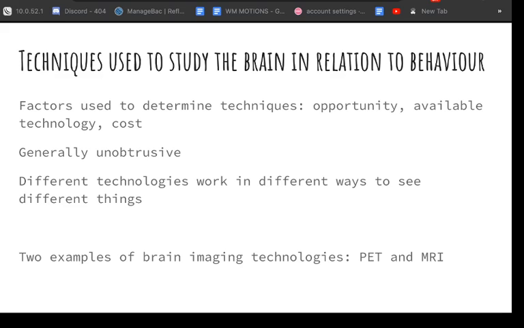Okay, so for the techniques used to study the brain in relation to behavior.